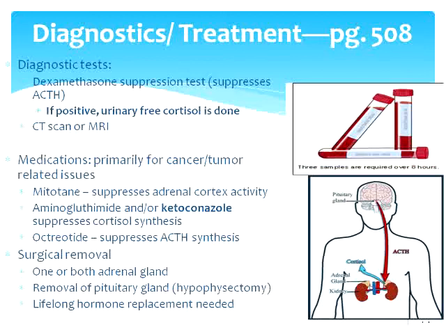Okay, medications. The medications are primarily for cancer or tumor-related issues. One suppresses adrenal cortex activity because Cushing's is too much cortisol. I'm not going to try to pronounce this drug, but the one that I know is used commonly is ketoconazole. Now, ketoconazole is interesting because it is actually an antifungal.